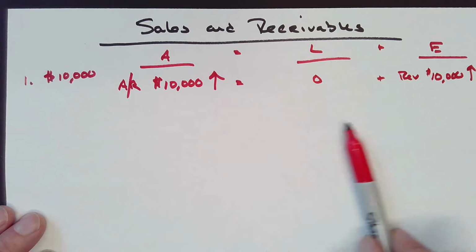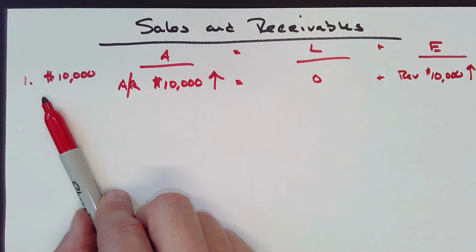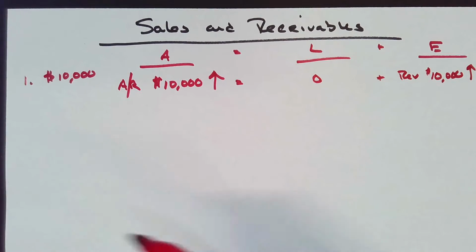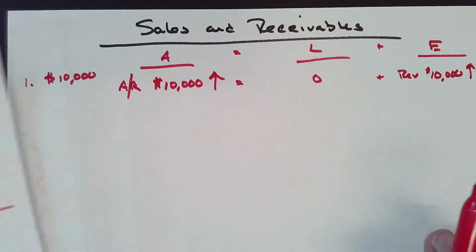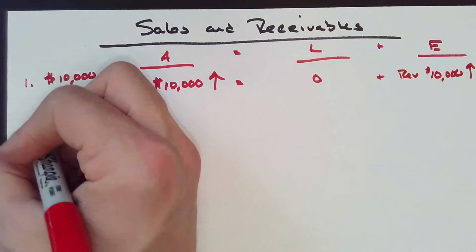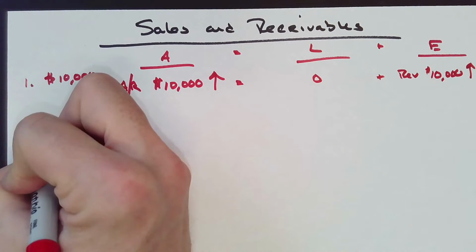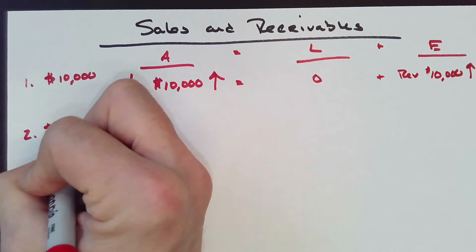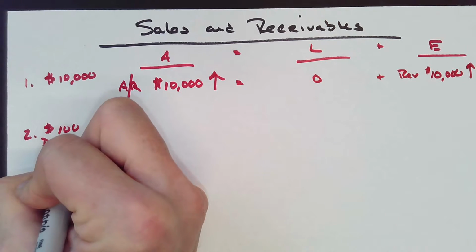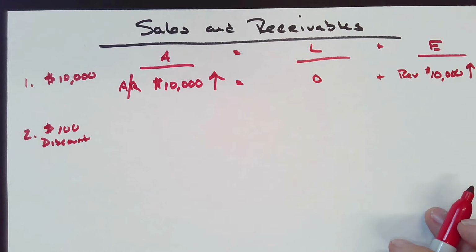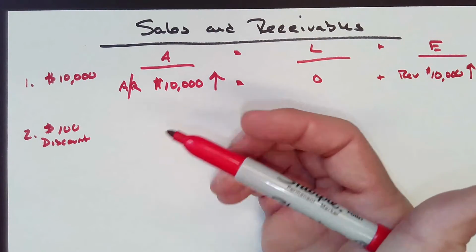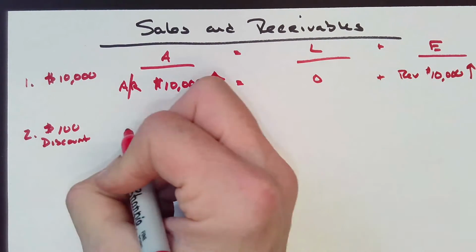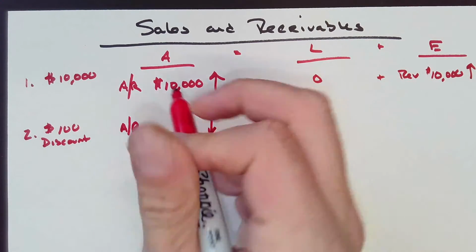We have these other sales facilitation charges, like, let's bring that back up. So when we have the discount, the 1% discount, or the $500 rebate. So we're going to have the $100 discount. In this case, it's a $100 discount for this customer, so I'm going to reduce accounts receivable because I'm giving the discount.